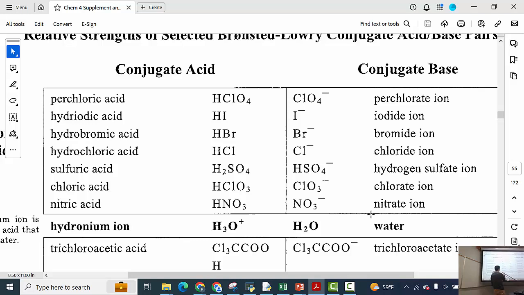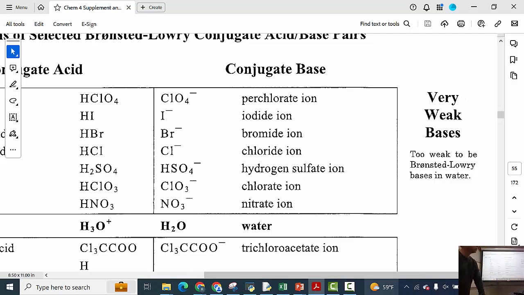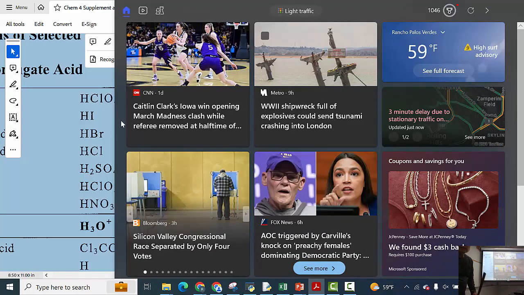There's a seesaw relationship. So if one side's strong, the opposite side is weak. And so this is strong, meaning all these are extremely weak bases because they all lose their H plus easily, and they all don't have a strong desire to get another H plus.